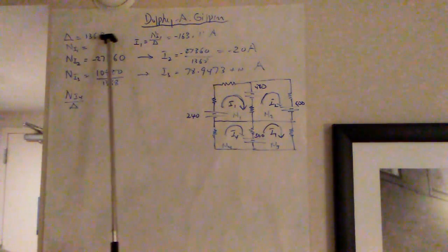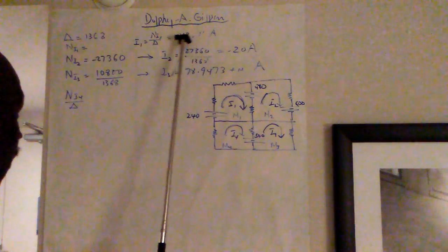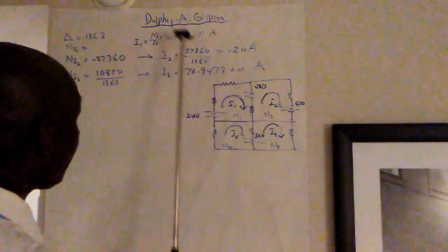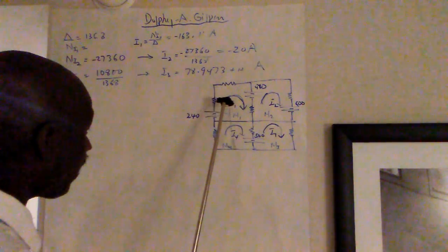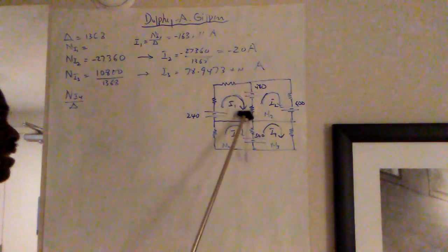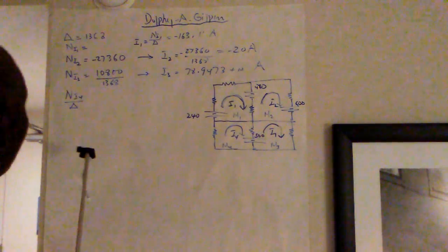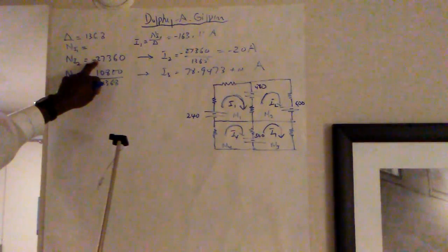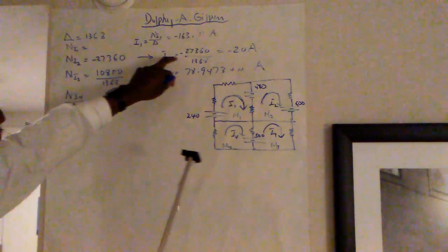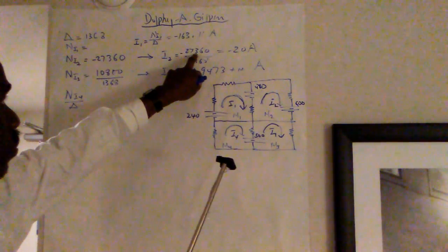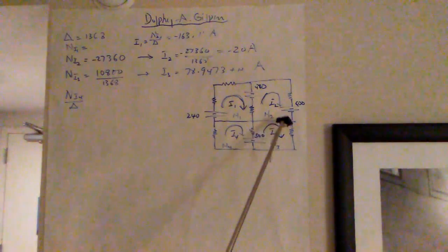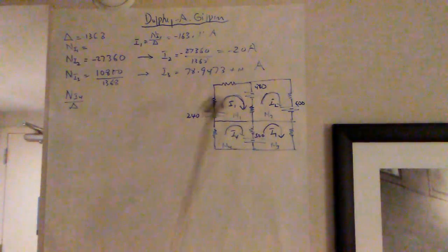Alternatively, we have calculated I1 to be equal to minus 163 point something, and it's in the negative, so this implies that the assumed direction is now reversed and is in the anticlockwise direction. Ni2 was equal to minus 27360 from our determinant, and therefore I2 was equal to minus 27360 over 1368 to be equal to minus 20 amps. So I2 likewise was in the reverse direction.